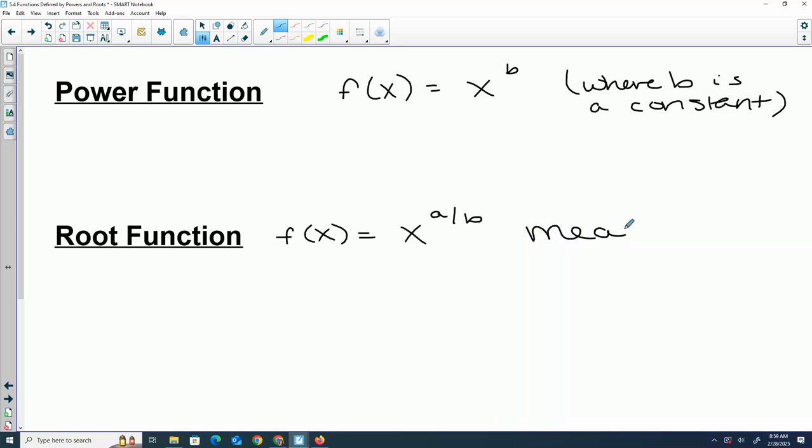And this means the index on the radical is b, the denominator, and the numerator is the exponent. That a can technically go inside or outside the radical, but it'll look like that. So if your power is a fraction, that is the equivalent of having a square root or a cube root or a fourth root, something like that, in our problem.